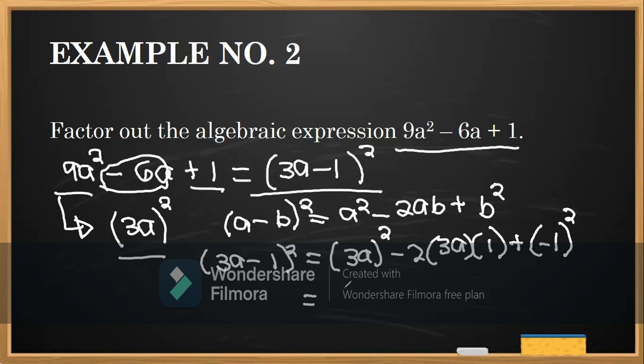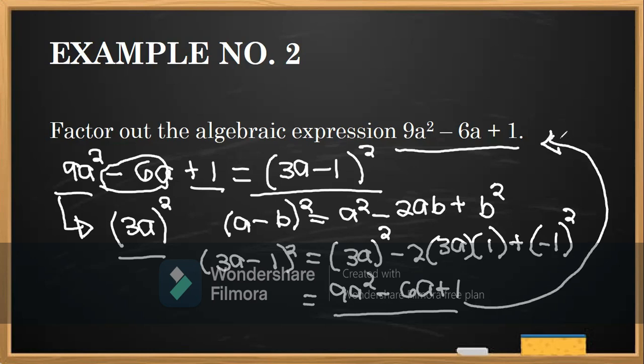This is 9a squared minus 6a plus 1, which is the same as the given. This means our factor for 9a squared minus 6a plus 1 is (3a minus 1) squared.